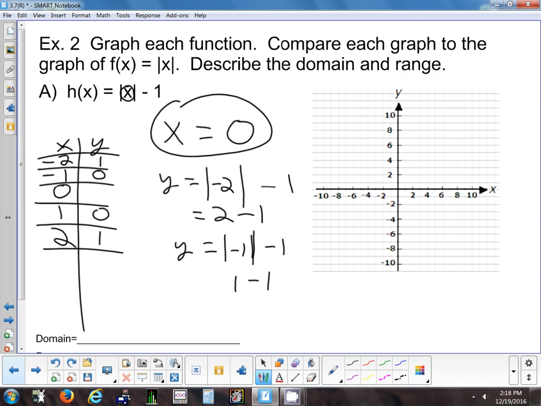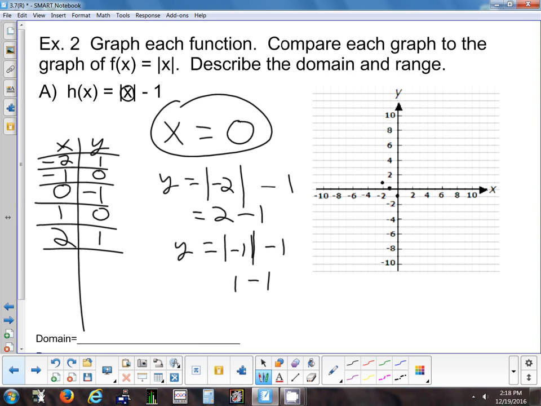Okay. Last thing I have to fill in for x is 0. What's the absolute value of 0? 0. What's 0 minus 1? -1. That's a lot of ones. It should still be a V shape. If it's not a V shape, then we did something wrong. All right, so -2, 1. -1, 0. 0, -1.